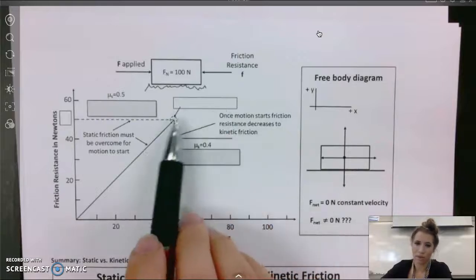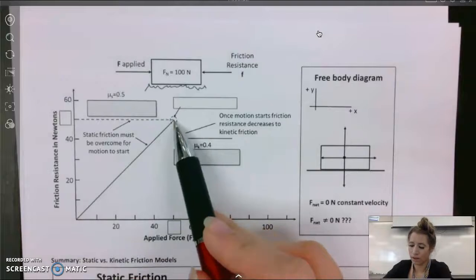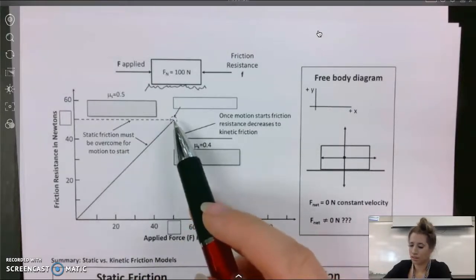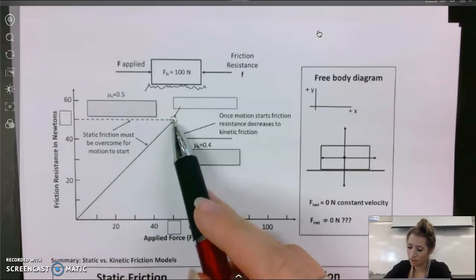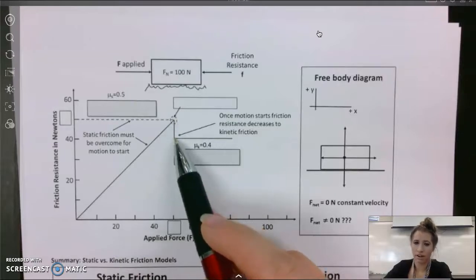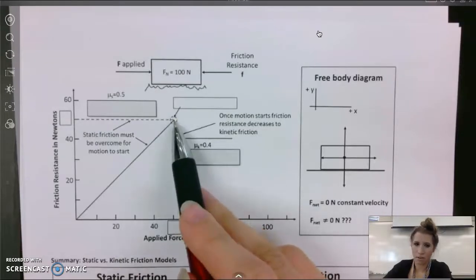That means that I'm finally going to overcome static friction. And so we see something really interesting that happens right here. When I finally push hard enough that I overcome static friction, it's then going to become kinetic friction. And kinetic friction is always less than our maximum of static friction.